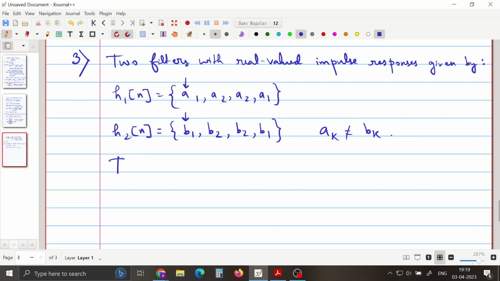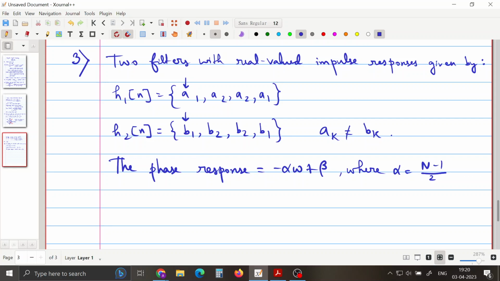So the important remark is that the phase response, where alpha is (N minus 1) by 2, the length minus 1 divided by 2, turns out to be the group delay of the filter.